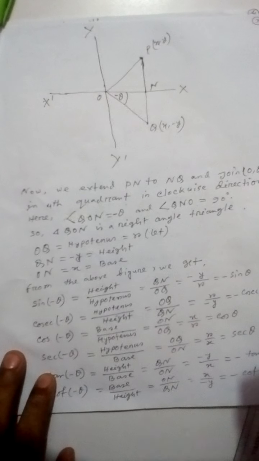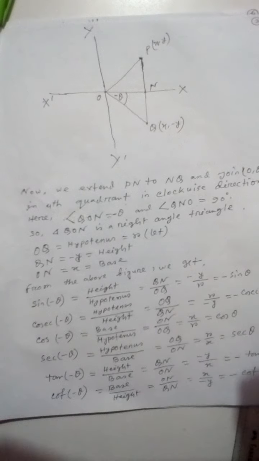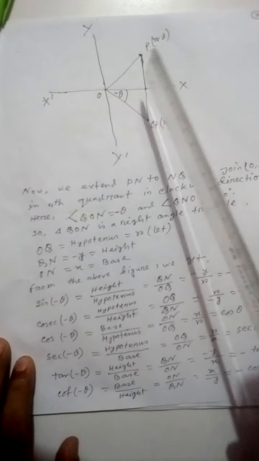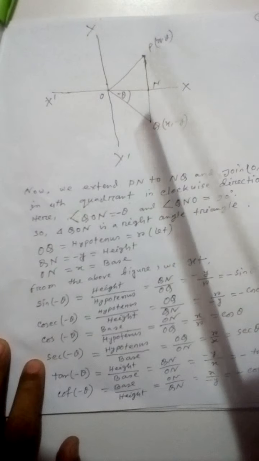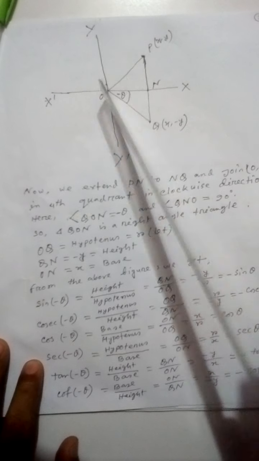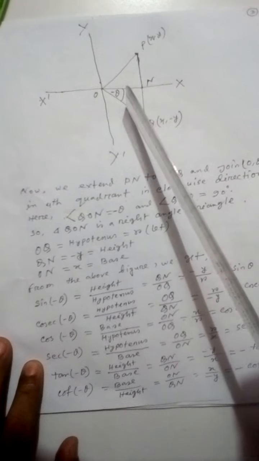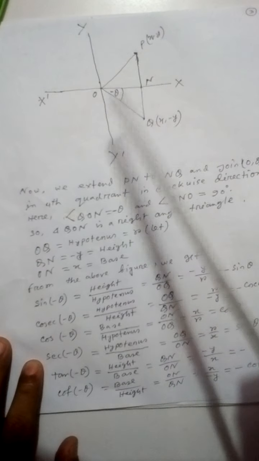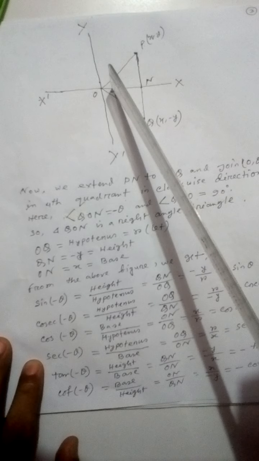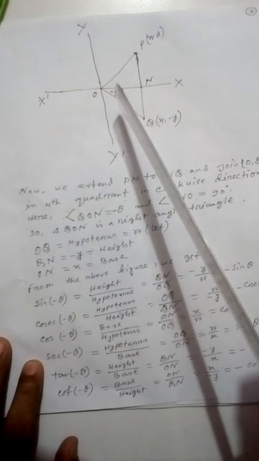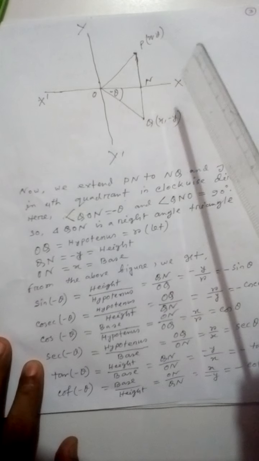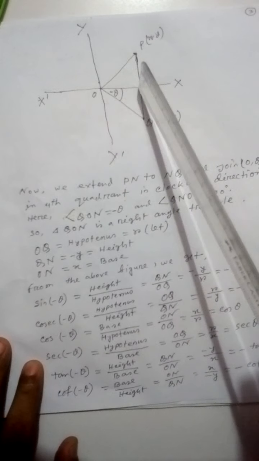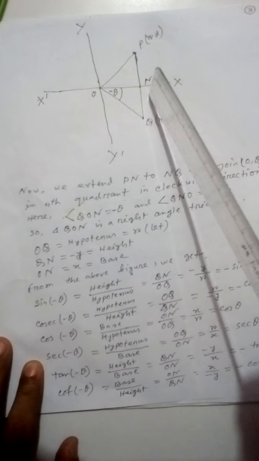Now we extend PN to NQ and join OQ. In the fourth quadrant, in the clockwise direction, here angle QON equals minus theta, because this is the fourth quadrant, and angle ONQ equals 90 degrees.